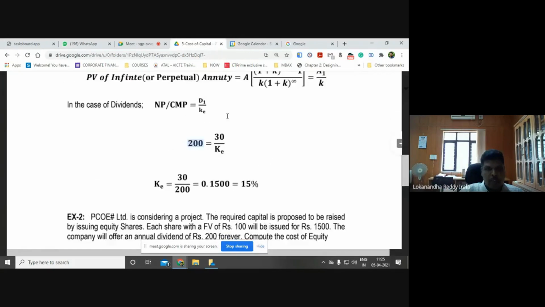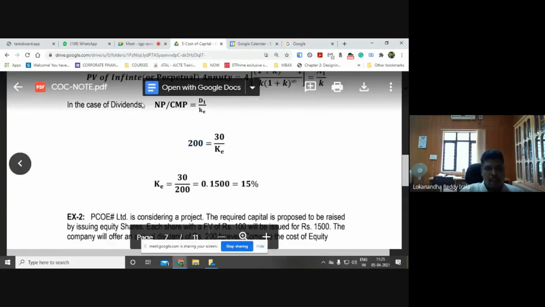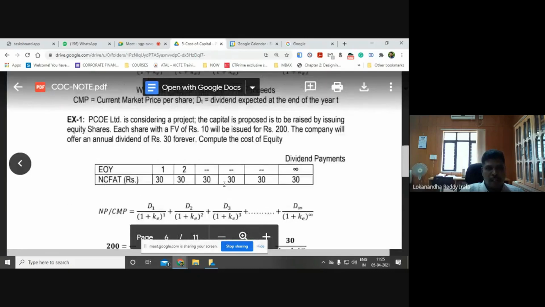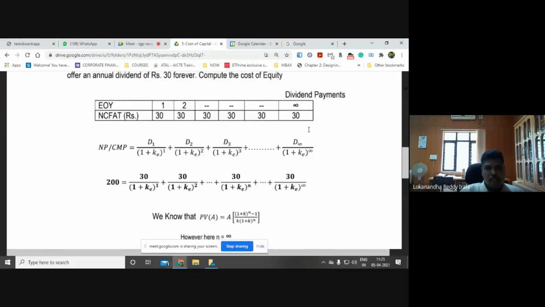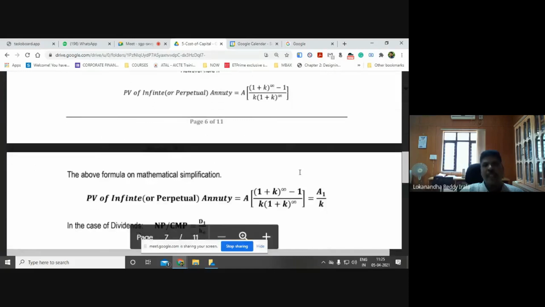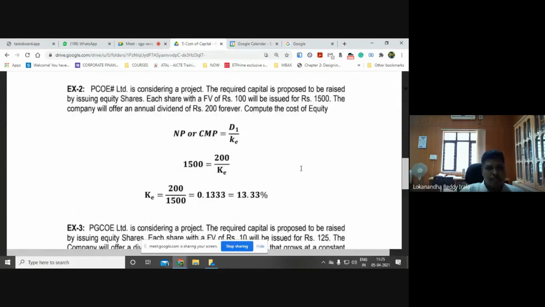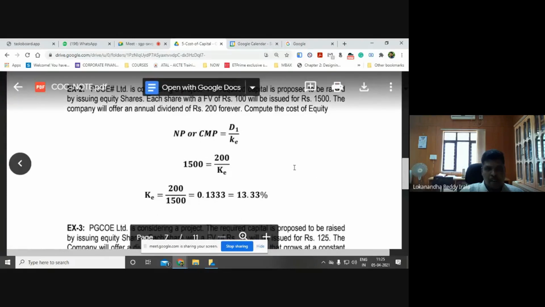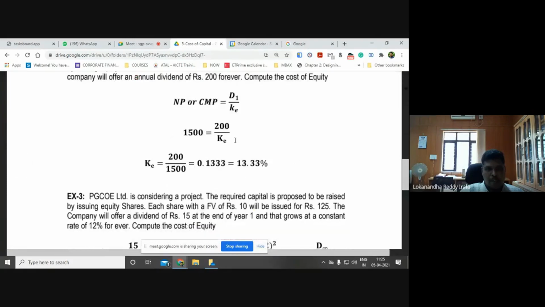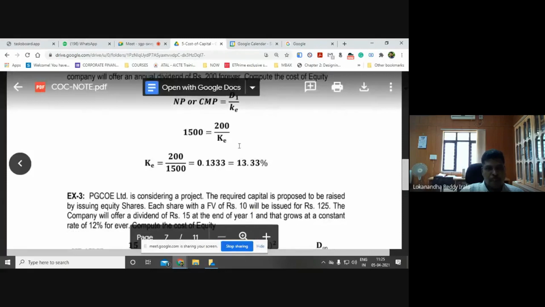So this is how you can find the value of cost of equity when you have a firm which is offering a dividend which is constant over an infinite number of years, which is technically the life of the equity share. Similarly, here we have another example where you can find it using the same formula.